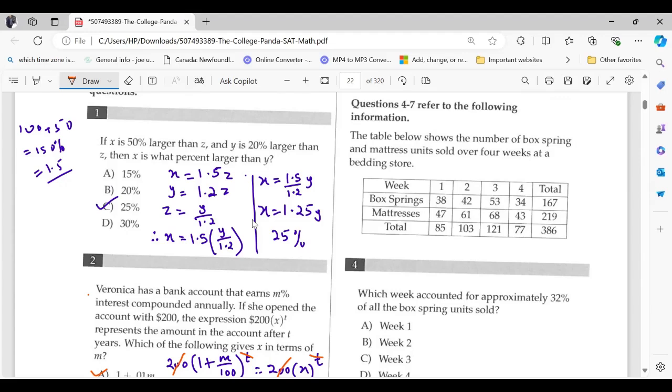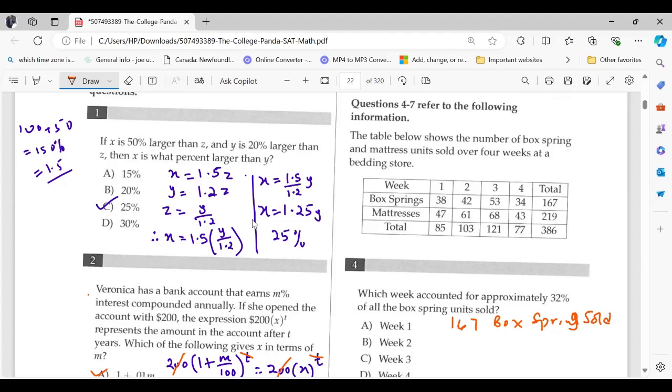If you look at this, box spring with 167 box spring units sold over the course of week 1 to week 4.